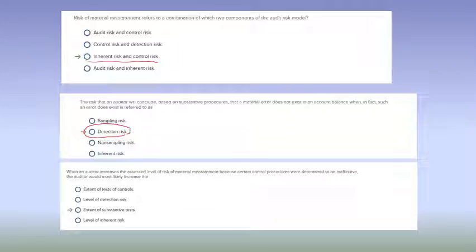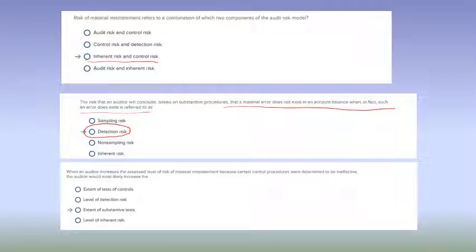Okay, the risk that we will not detect that material misstatement and give the incorrect opinion. We try to control that through our detection risk, but remember we said there's always some level of detection risk, and thus there's always some level of audit risk, meaning that we will determine that there's not a material misstatement, when in fact there is, and we'll give the incorrect opinion.